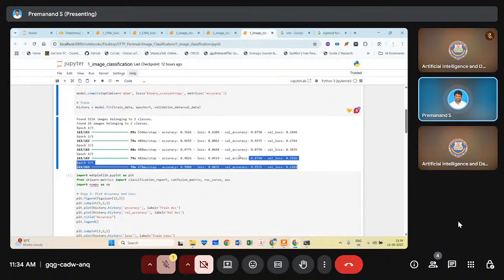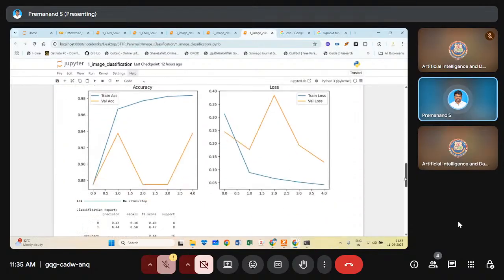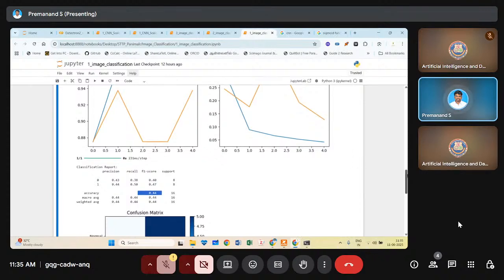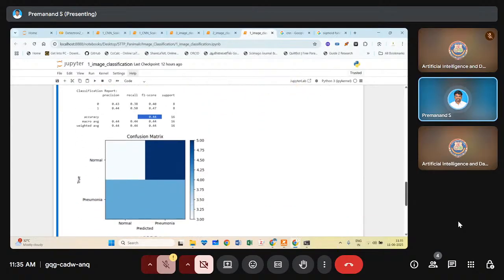In the training phase I'm getting a better result, but when I test my model with the test data, I get a much lower accuracy. The model learned our data too well, but failed to predict new data correctly. That's why I'm getting a very low percentage, like 44%.